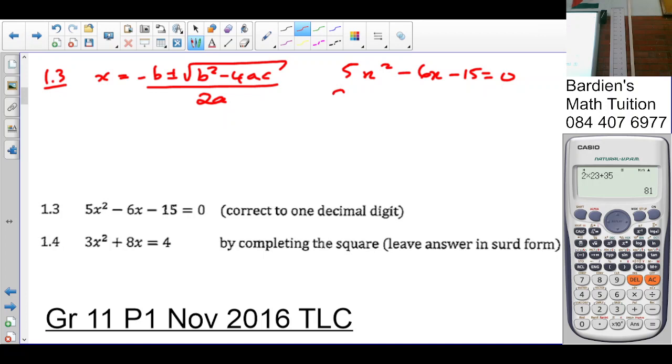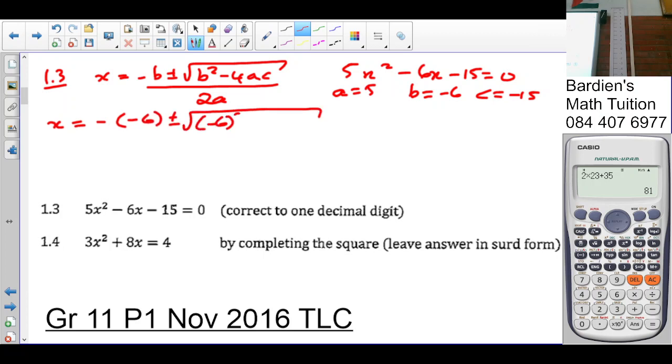My a value is 5, my b value is negative 6, and my c value is negative 15. Remember that the sign is part of the term. So x is equal to minus negative 6 plus minus the square root of negative 6 squared minus 4 times 5 times negative 15, all over 2a, which is 10.